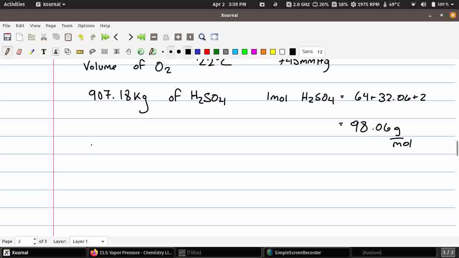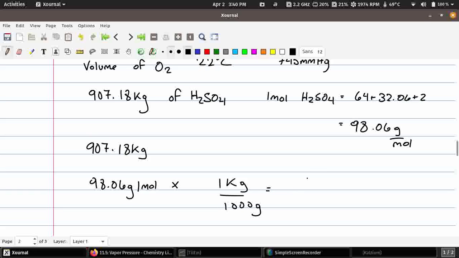So we have 98.06 grams per mole times 1 kilogram divided by 1,000 grams equals 0.09806 kilograms per mole. Alright, so this is the molar mass in kilograms.